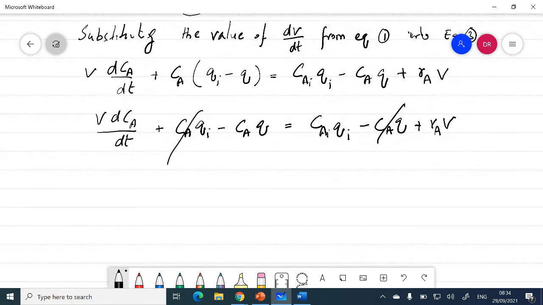I will keep this term on the left hand side because this is our variable that we are going to target, and this one we can move to the other side.